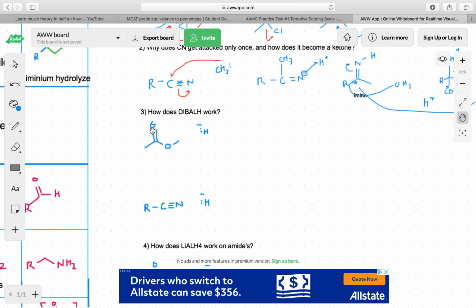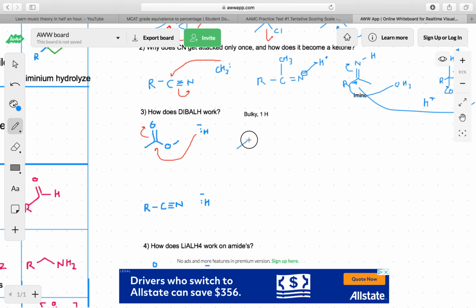Remember, there are 2 things to remember when we're working with DIBALH. One, from the structure, it's bulky. The other one, it only has 1 H. So let's just write that in here. If we take our ester, this hydride is going to come in. It's going to attack the electrophilic center once again.